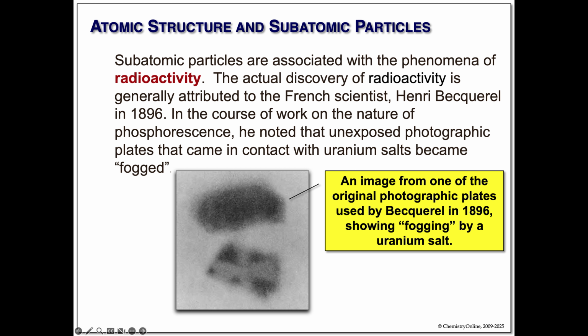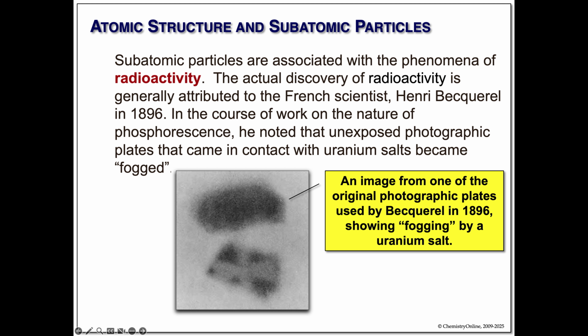Somebody went in the dark room and put a bottle of uranium salt down on a stack of plates. When they developed the plates, they saw the big ugly splotches where the uranium salts were, probably fired a guy. But everyone was quite puzzled why uranium salts would do this.